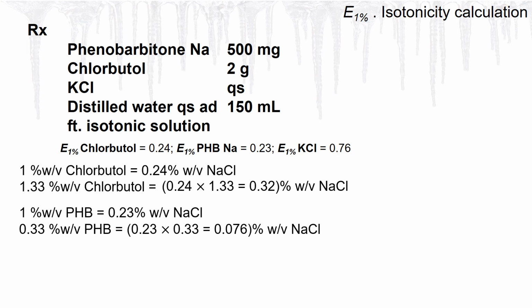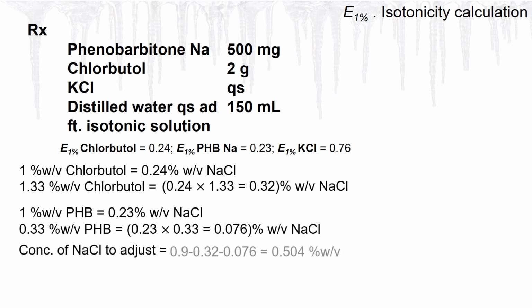Since we know that 0.9% of sodium chloride is isotonic, we just subtract whatever sodium chloride equivalents are available in the system, and the rest should be adjusted by the adjusting agent, in this case potassium chloride. It was found that 0.5% of sodium chloride is needed, but we need to convert it into its equivalent in potassium chloride.